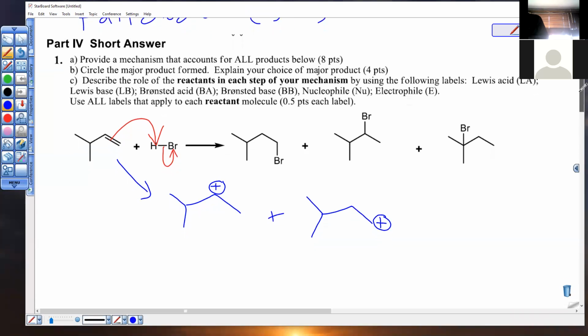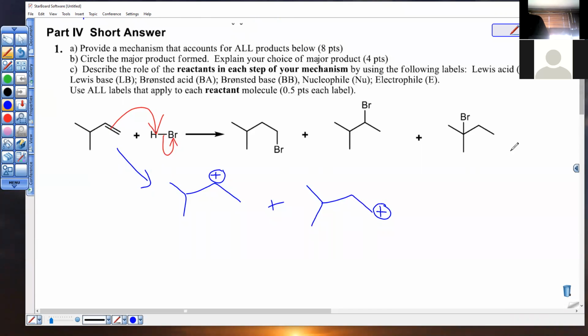And what has to rearrange? Well, this one is not a candidate for rearrangement because the adjacent carbon to the carbocation is not branched. That is what you look for first. This carbon with the cation here and the adjacent carbon branched is a candidate for rearrangement. So I'm going to show you what happens to a second version of that cation.